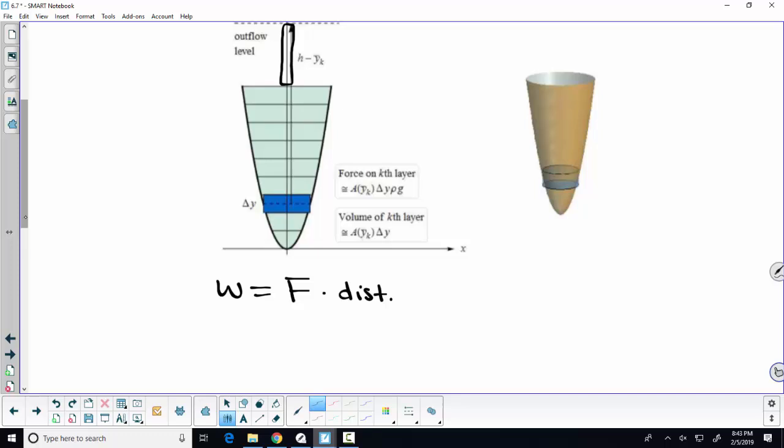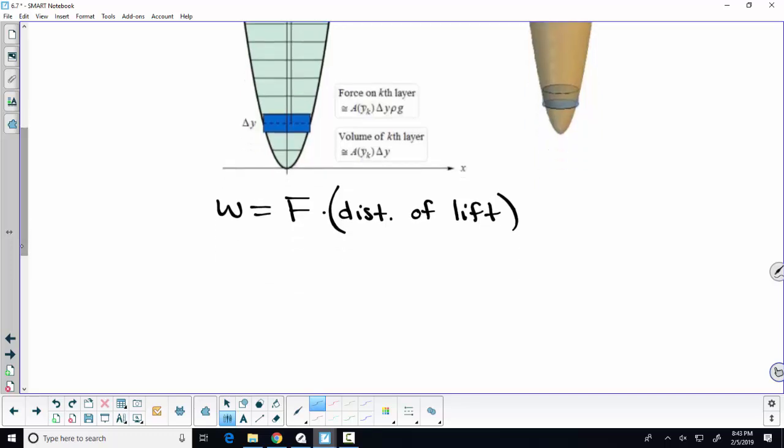Remember, work was force times distance. Specifically, this is referring to the distance of lift. Once we see the formula, if you want to remember the formula, that's fine too. But I'm going to show you where the formula comes from. How do we define force? Yeah, that was the units for force.